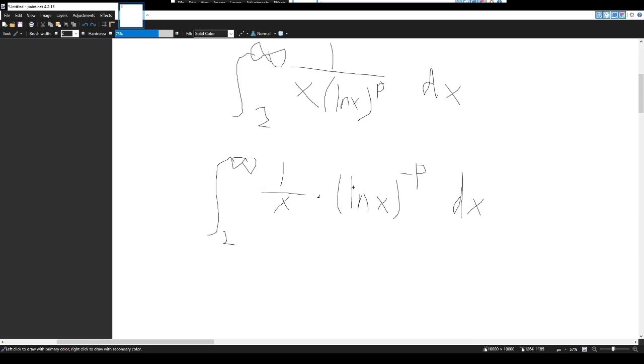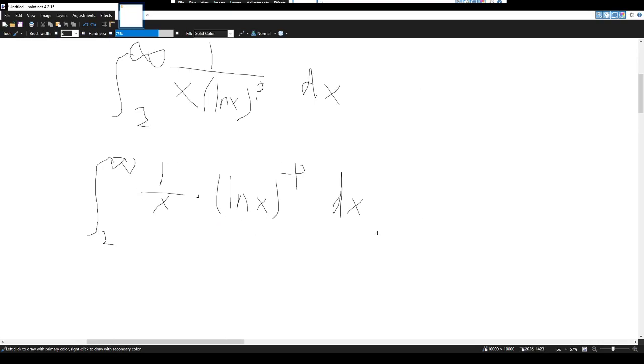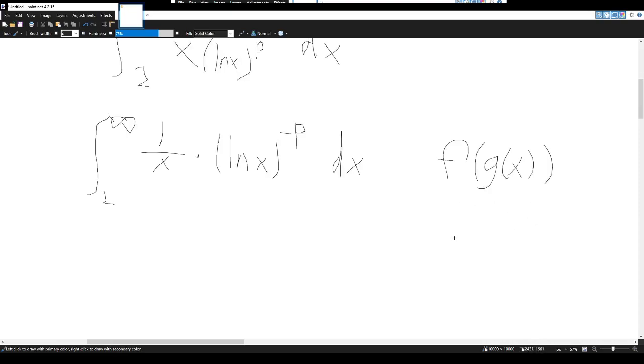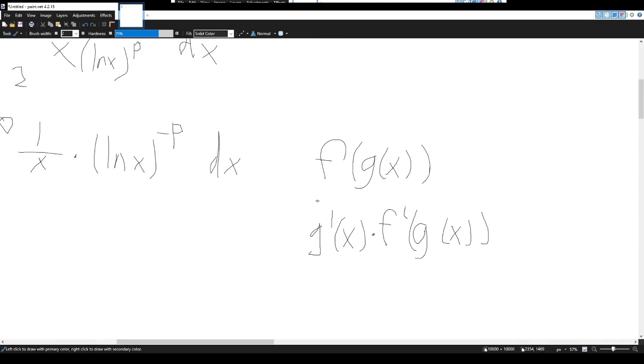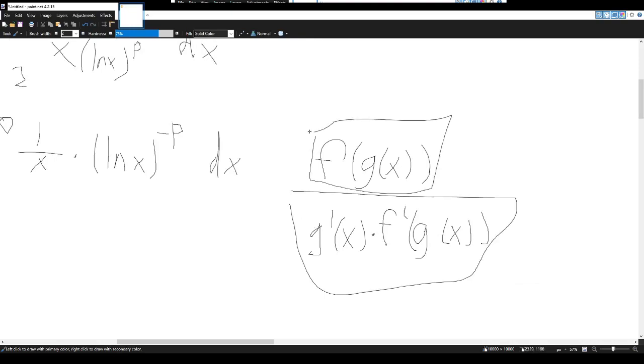So really what you have is a function inside another function, and then you have the derivative of that inner function, which looks a lot like the chain rule, which says that if you have f of g of x, the derivative of that is the derivative of the outer function with the inner function inside, times the derivative of the inner function. And so we have something like that here, it seems. We have this form and we want to go back to this form.